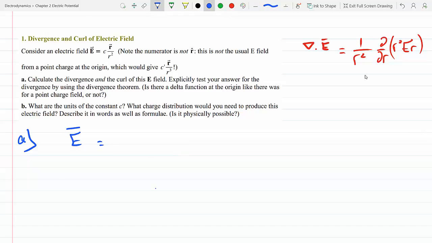The radial component would be, because the r vector is basically the magnitude of r times r hat, divided by r squared, and we could cancel an r here, so this would give us c over r, r hat.